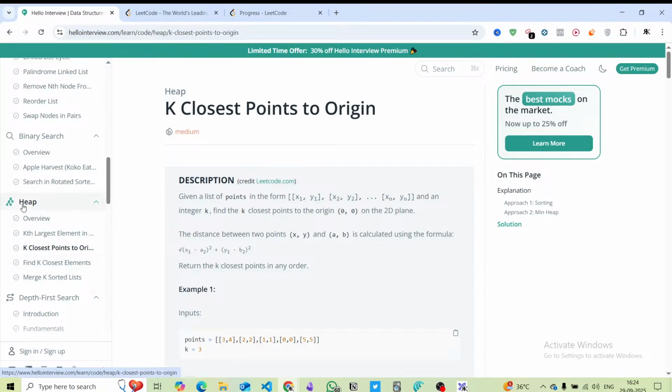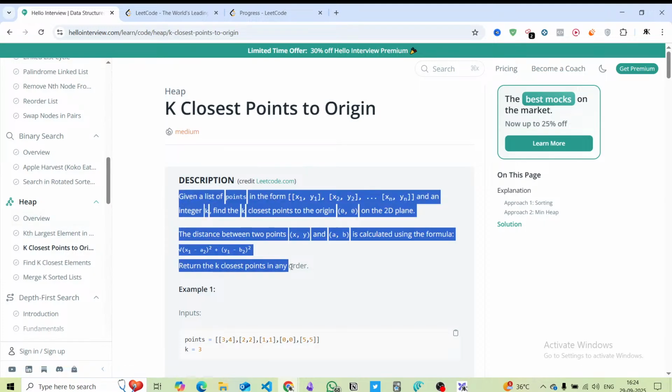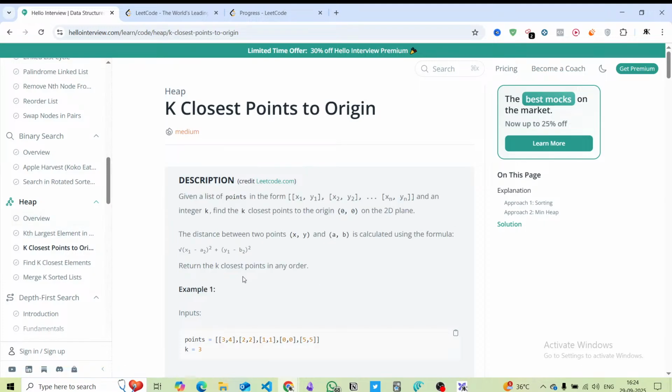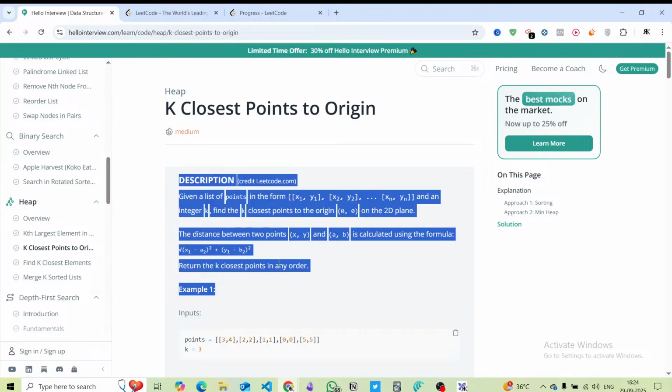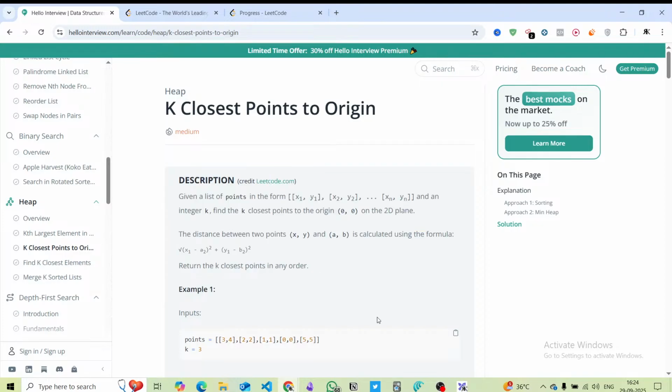I didn't even know what the heap is. I don't even solve any simple problem in the heap data structure, and I don't even know how to code it. So it's very hard for me. I cannot write a single line of code in this one because I don't know any basics.